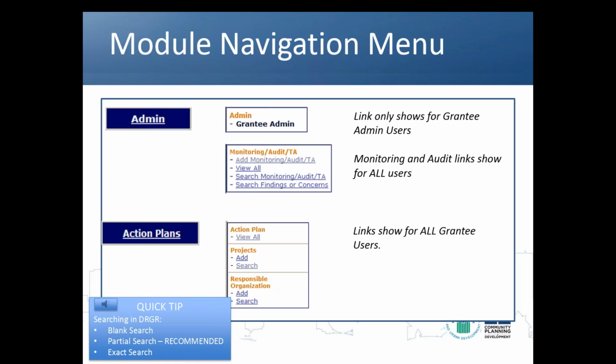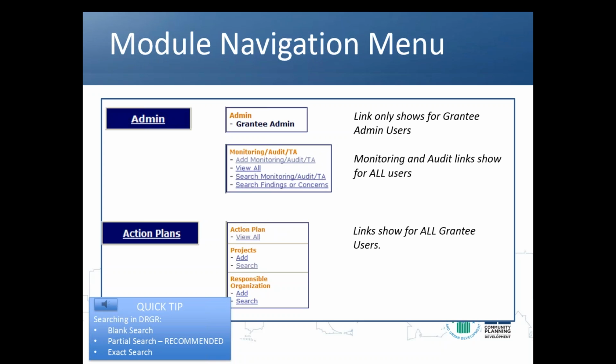Partial search, I'm going to recommend that a little bit higher here, and that is where you don't fill out every single box that comes up in the search criteria. You might fill out one or two, or only partially what you're looking for. For example, if you're looking for Habitat for Humanity under responsible organization, you could type in the name, but maybe all you do is put Habitat, because you're not exactly sure if someone used the numeral 4 or literally wrote out FOUR.